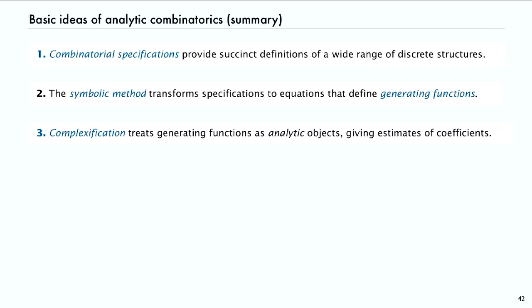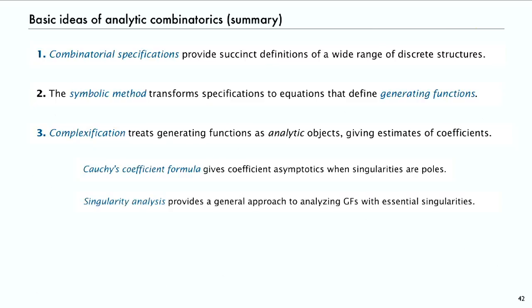And we can get estimates of the coefficients by doing that, either using Cauchy's coefficient formula directly when the singularities are poles, or using singularity analysis when we have essential singularities, or saddle point asymptotics when there's no singularities at all.